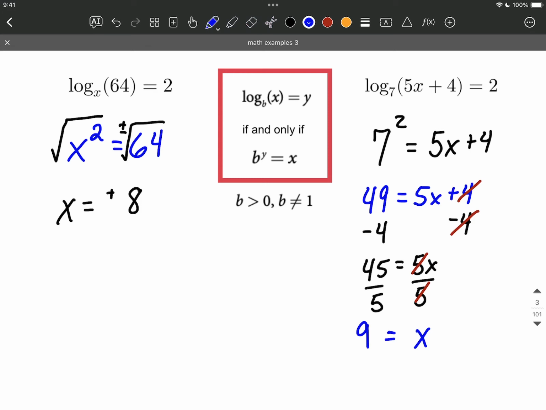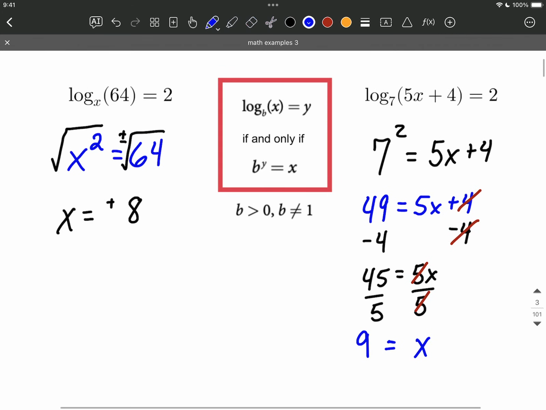One last step here, we may want to go back and double check, make sure that x equals 9 is okay. So I'd like to plug it back in here: 5 times 9 plus 4 makes 45 plus 4, which works out to be 49.